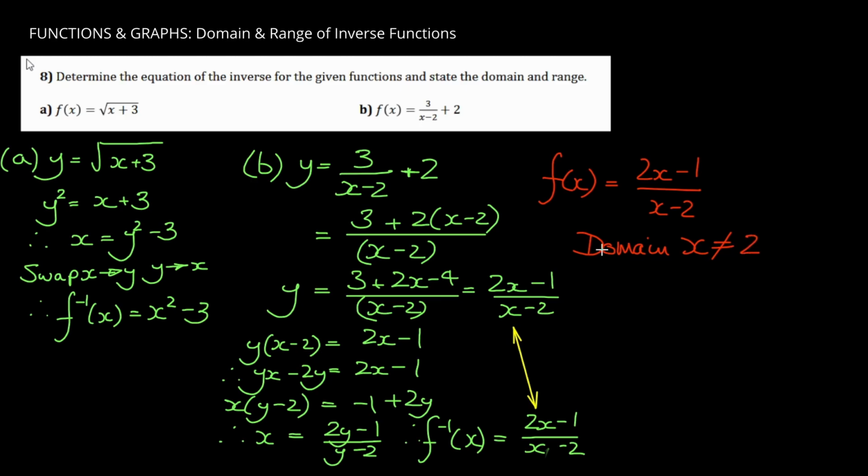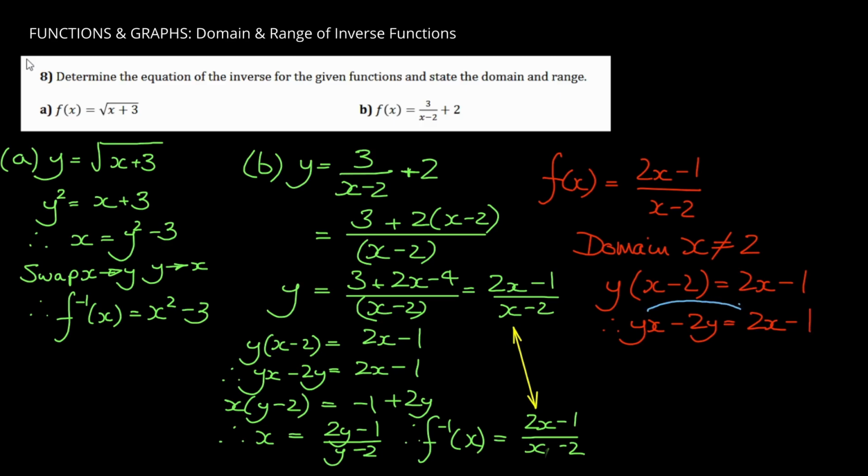Now again, what value of y, remember f(x) effectively is y, would also make this expression go mad? So again, if we bring back y temporarily and cross multiply, we get y times x minus 2 is equal to 2x minus 1. So therefore yx minus 2y is equal to 2x minus 1.